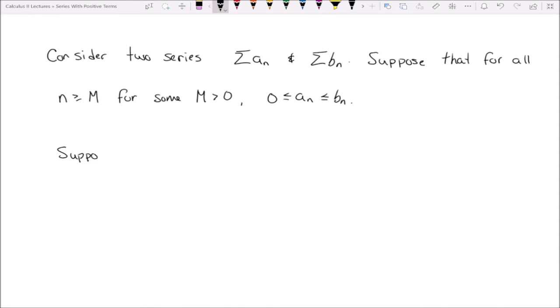Let's now suppose that the series b sub n converges to S. Then notice that a sub n is bounded above. So we can conclude that this series converges.